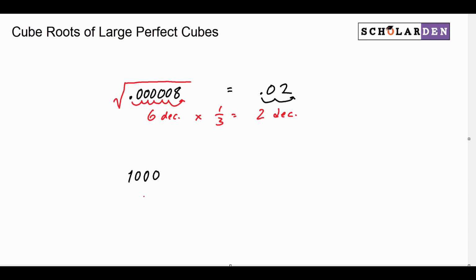So here we have 3 zeros, so we're expecting 1 zero in our cube root of 1,000. So the cube root of 1,000 equals 10. So those are good patterns to keep in mind.